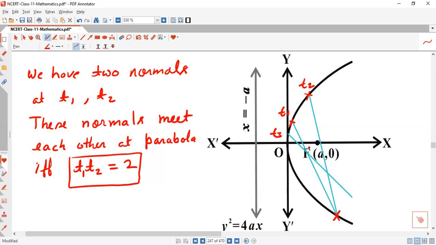You see T1 and T3 are not meeting at the parabola, because the product T1 T3 is not equal to 2. Similarly, T2 and T3 intersect at this point, and again T2 T3 is not equal to 2, so they are not intersecting at the parabola. But if the product of T1 and T2 is equal to 2, they will meet each other on the curve of the parabola.